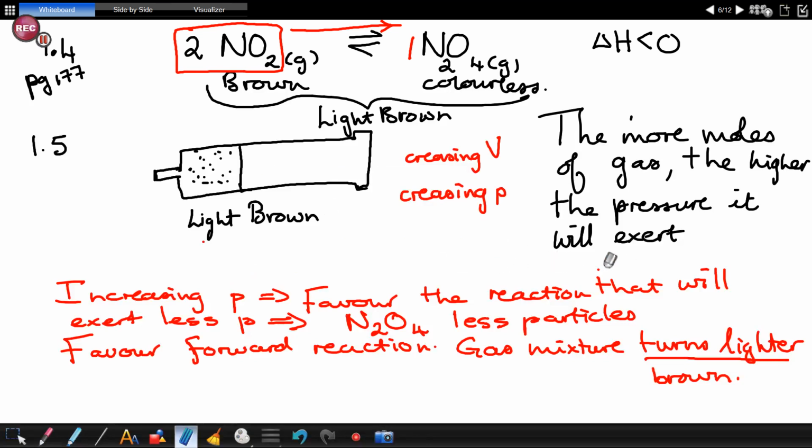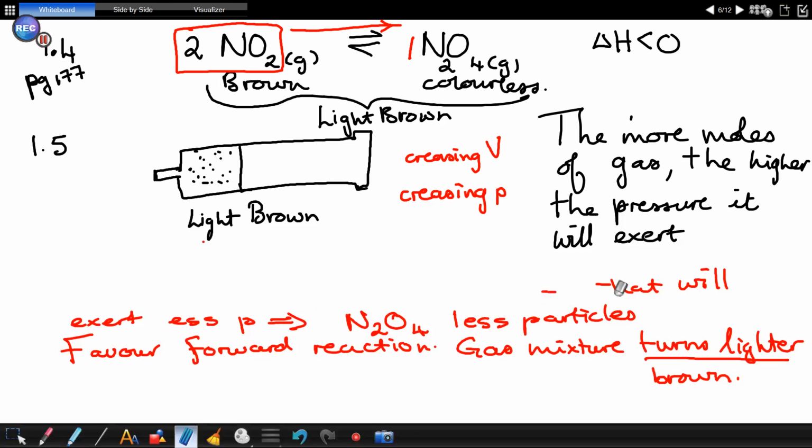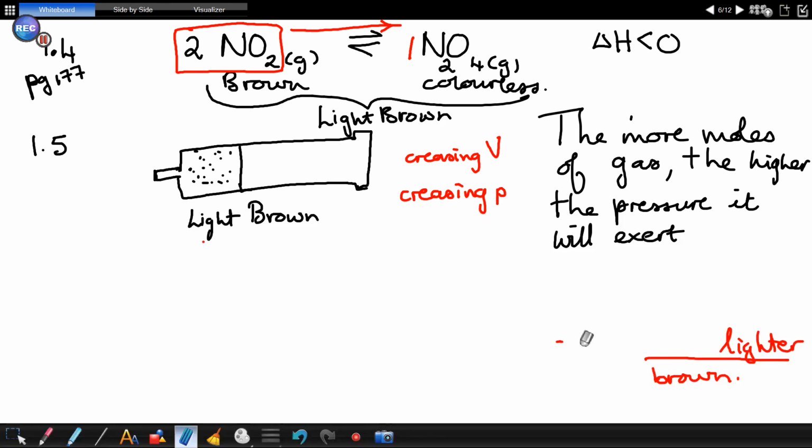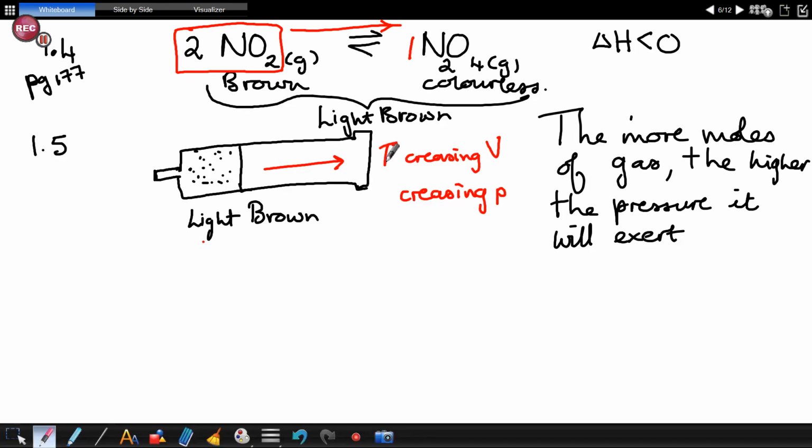The second situation pulls the plunger out. Now that's got two effects on the gas. The one effect is that you're increasing the volume, and if you increase the volume of a container, this brown gas will look lighter. That's the initial thing you'll see. If you pull the plunger out, you're increasing the volume and you're decreasing the pressure.